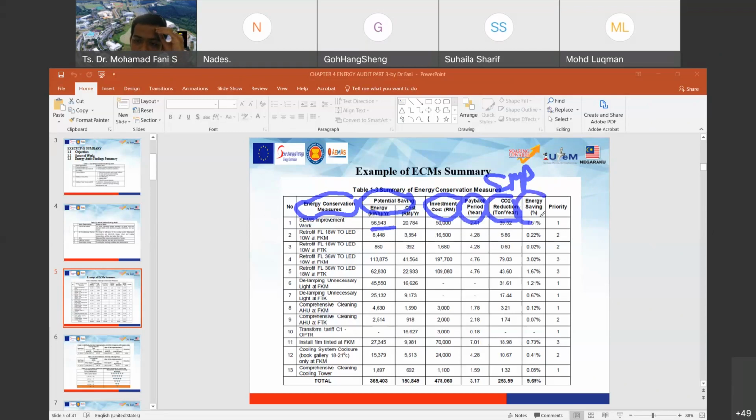And the energy saving percentage, and also you can put a priority here, either to do it first, or maybe second or third, depending on the investment cost or payback period. So you can put priority numbers over here.